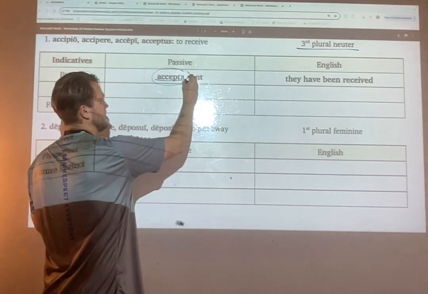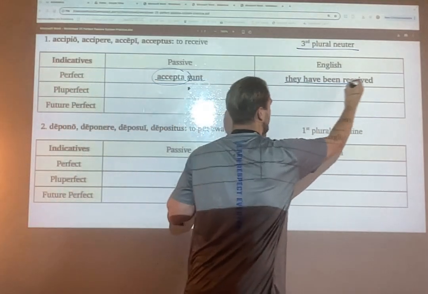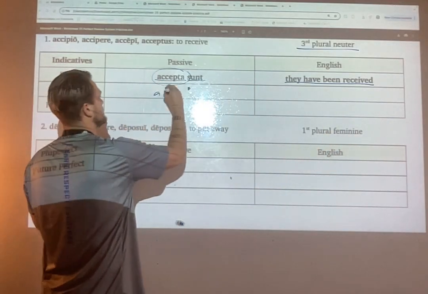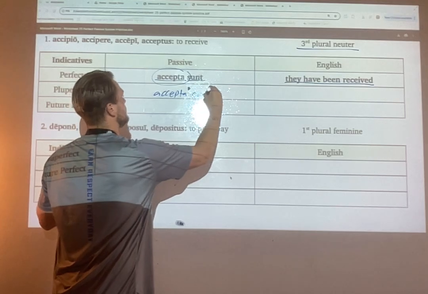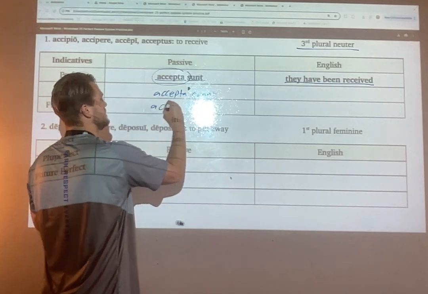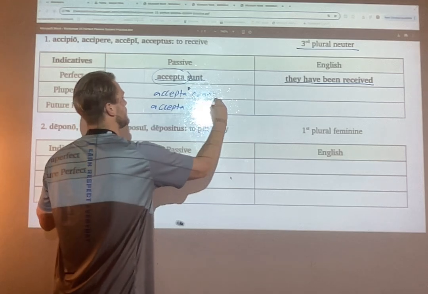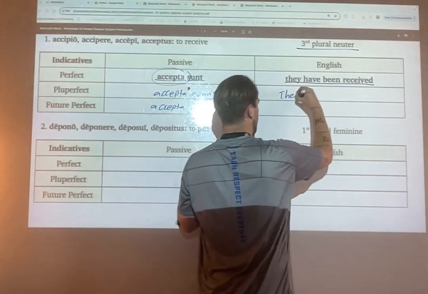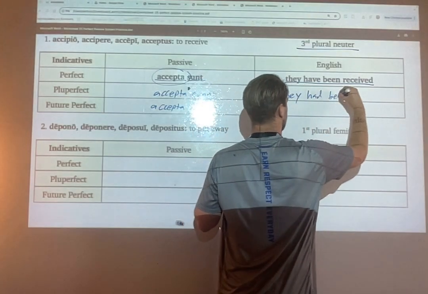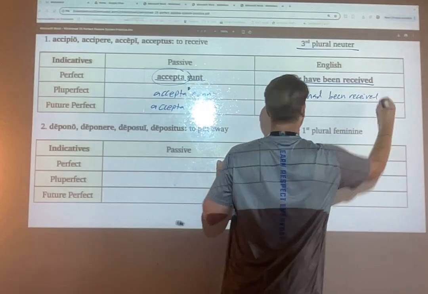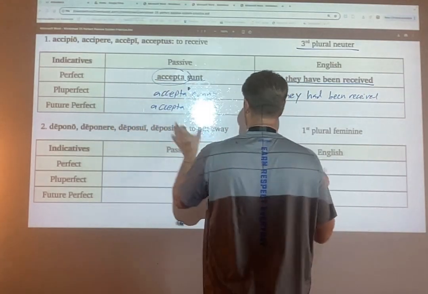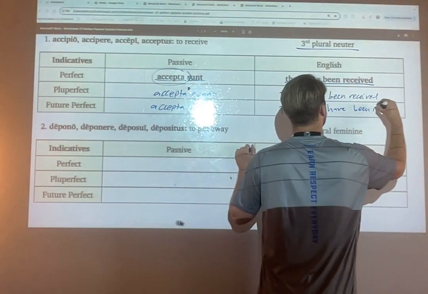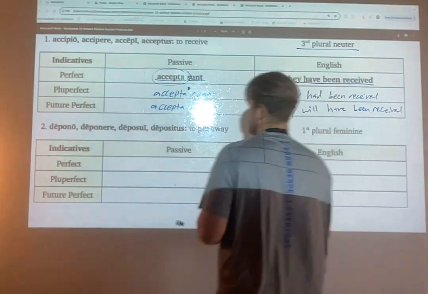With the perfect passive, you use sunt: they have been received, or accepted. For the pluperfect, it would be accepta erant, they had been received. And for the future perfect, accepta erunt, they will have been received.